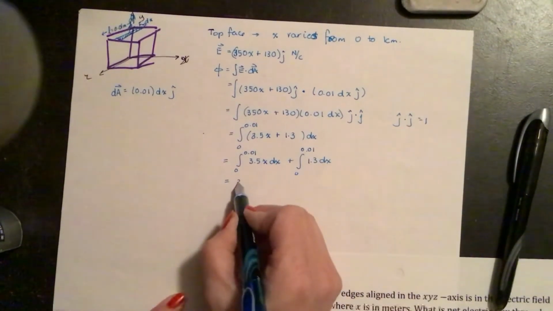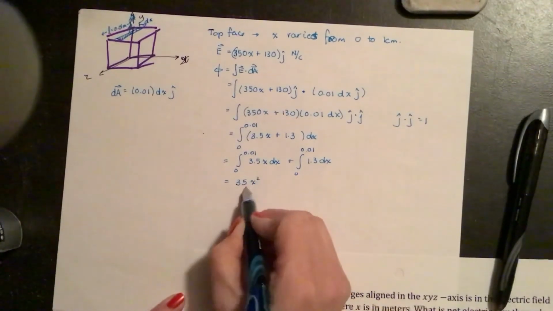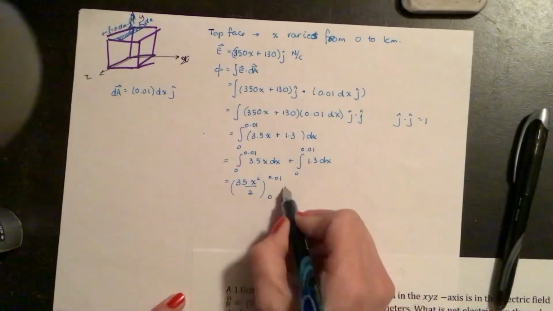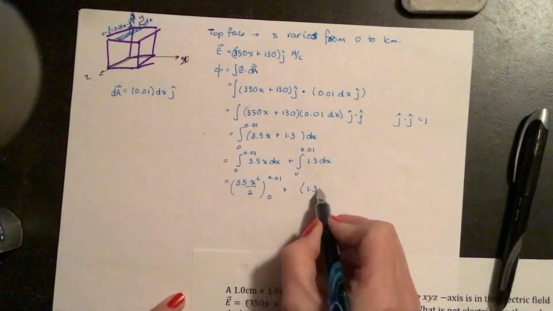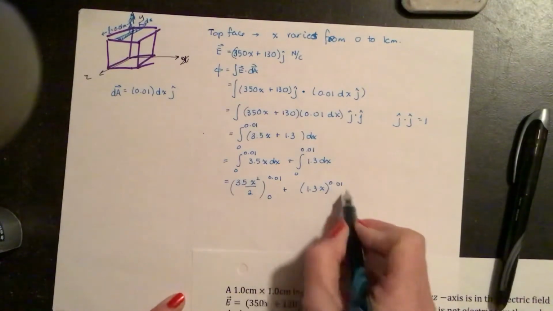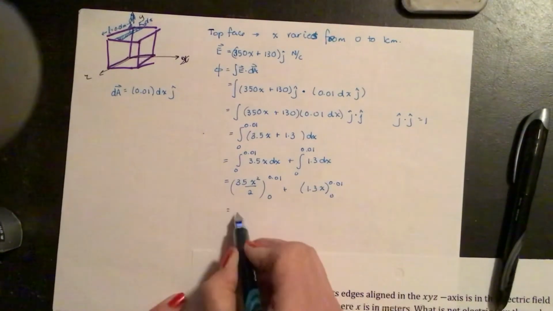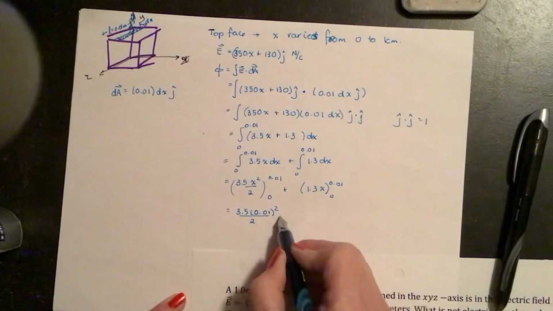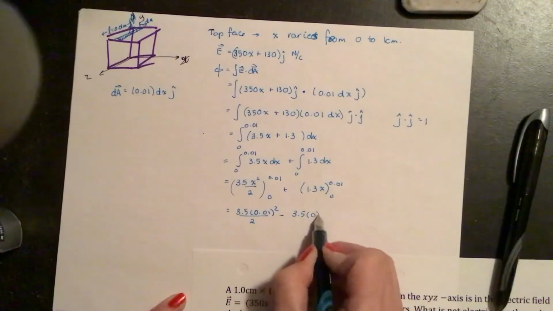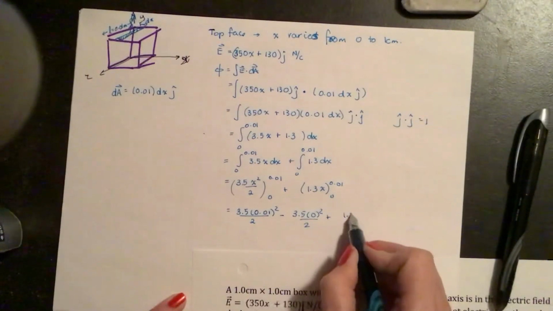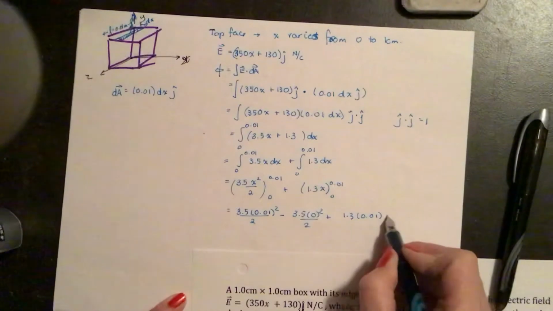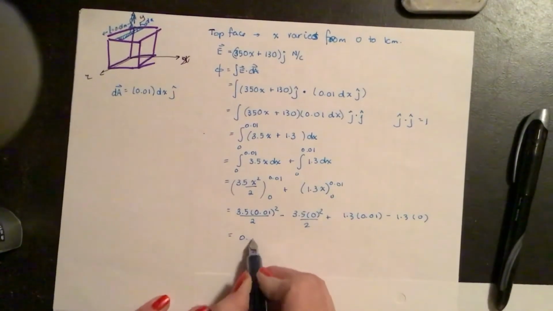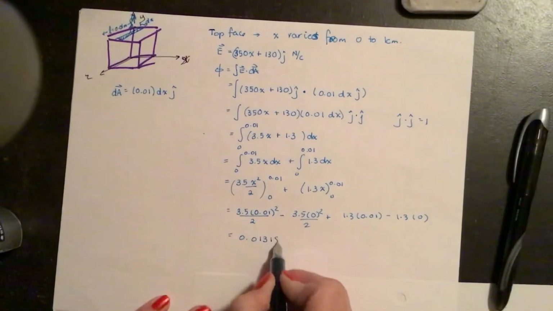That integral gives us 3.5 x squared over 2, evaluated at 0.01 and 0, plus 1.3x evaluated at 0.01 and 0. That is 3.5 times 0.01 squared over 2 minus 3.5 times 0 squared over 2, plus 1.3 times 0.01 minus 1.3 times 0, to give us 0.01318.